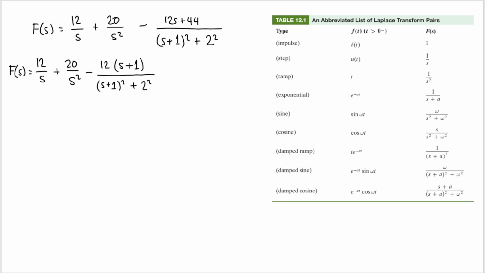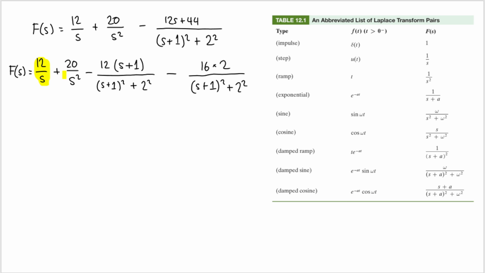We need to have minus 44. So we need to subtract 32. So we'll have minus 32 divided by s plus 1 squared and then plus 2 squared. However, we need the numerator to be omega, but our omega is 2 here. So we need to rewrite this 32 into 16 multiplied by 2, right? 16 multiplied by 2. Okay, now let's highlight which is which.